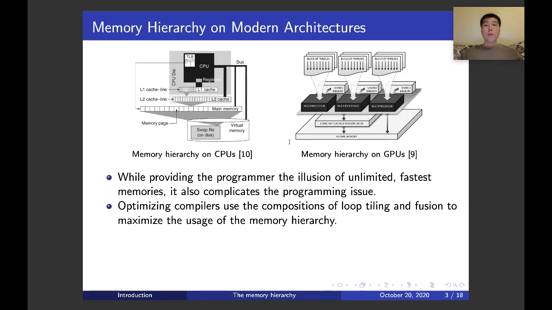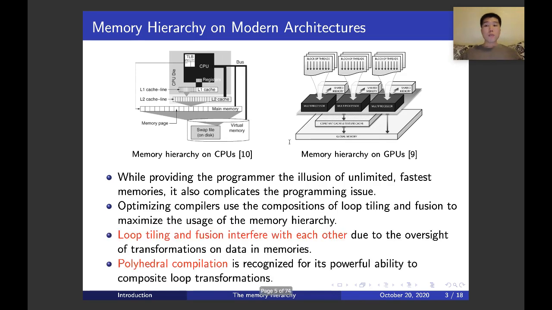While the programming issue can be partially addressed by optimizing compilers by means of different loop transformations, some loop transformations like tiling and fusion usually interfere with each other. The polyhedral model is well known for its ability to compose different kinds of loop transformations. So in this paper, we intend to address the problem using polyhedral compilation techniques.